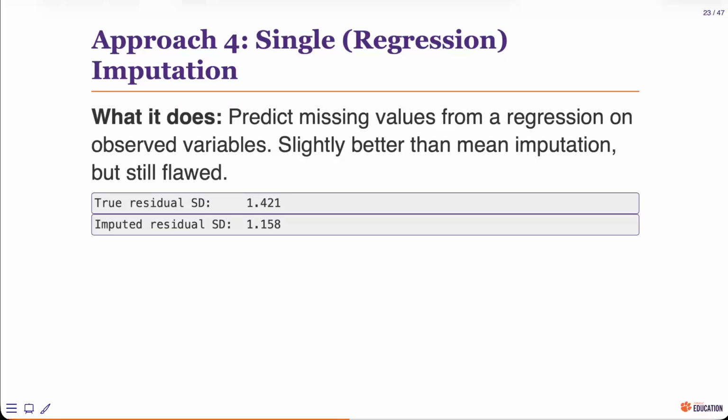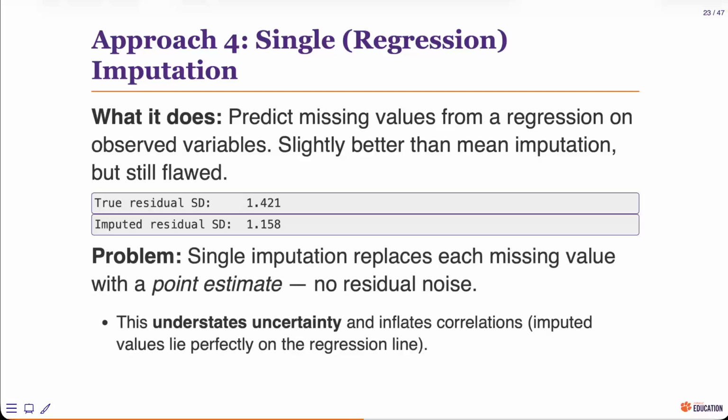Another approach that was problematic is to take a regression, come up with a predicted value for your missing values, and plug in that regression's predicted value. Now, this is slightly better than mean imputation because you won't have all values being the same for missing data. However, a single imputation that uses a point estimate does not allow you to incorporate uncertainty.